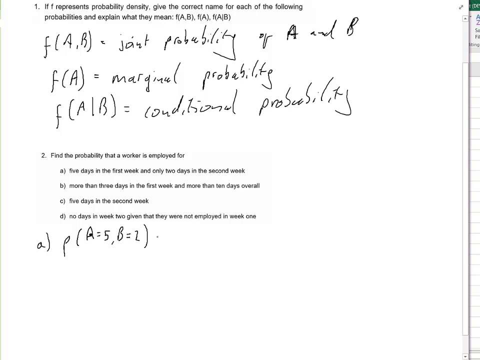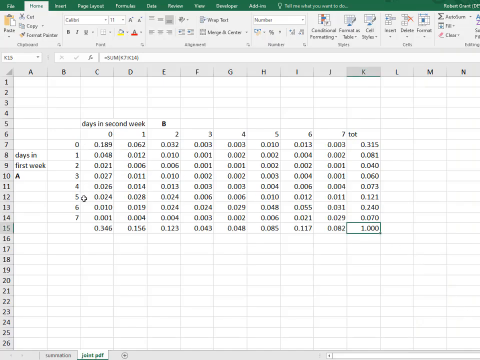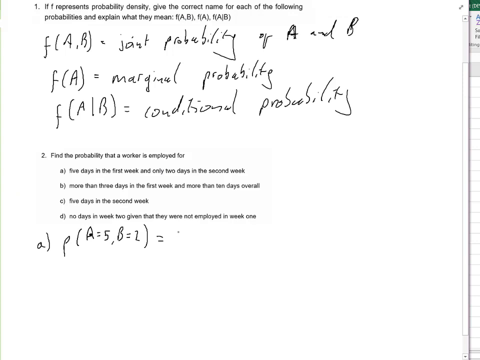There we go. So probability A is 5 and B is 2. Okay, let's go and grab that. A is 5 and B is 2. So it looks like 0.024. So that's the chance there, that's straightforward. So you've got about a 2.4% chance of getting 5 days in the first and 2 days in the second.